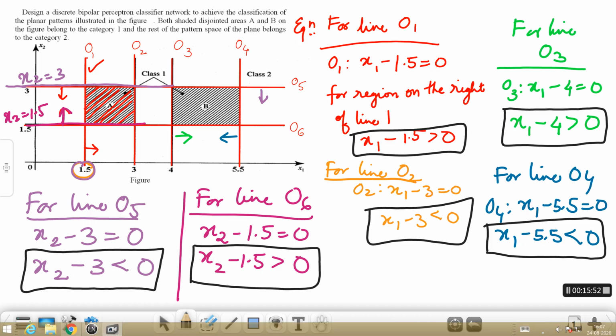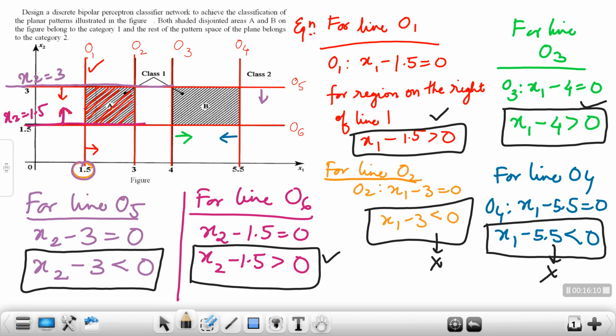Now this particular procedure is done. Wherever you see that there are 3 equations where the sign is greater than 0, greater than 0, greater than 0, and there are 3 equations which have sign less than 0, less than 0 and less than 0.